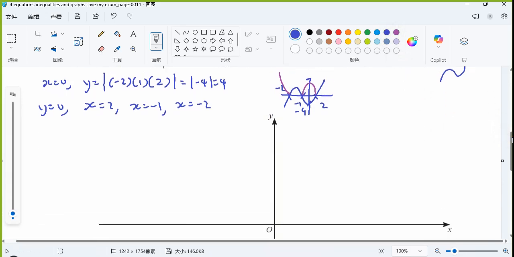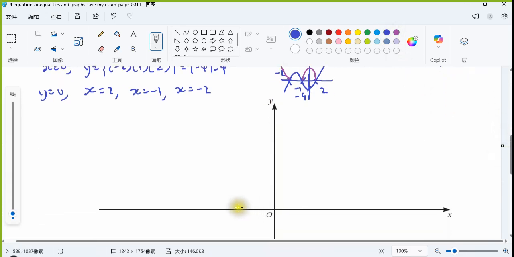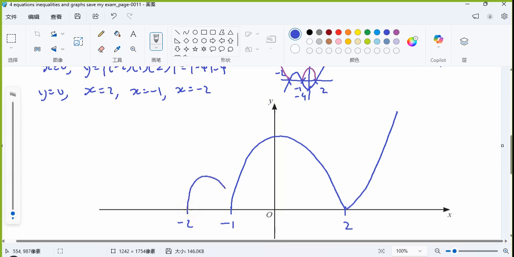So we have negative 1, then negative 2, and this is 2. The shape is like this, and then something like this. No, this is 4.